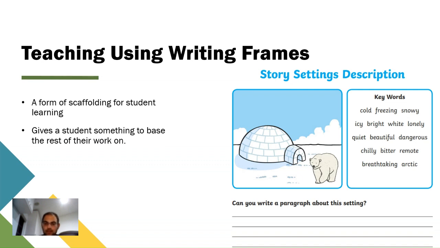So scaffolding allows them to tackle difficult tasks, kind of like training wheels on a bike, and then once they have developed the skills to do it on their own, they can remove the training wheels, or scaffolding, and be able to do it themselves. And this is a different form of writing frame that I pictured here. Basically, the students use this word bank to make the paragraph, and the word bank is the basis of the paragraph.